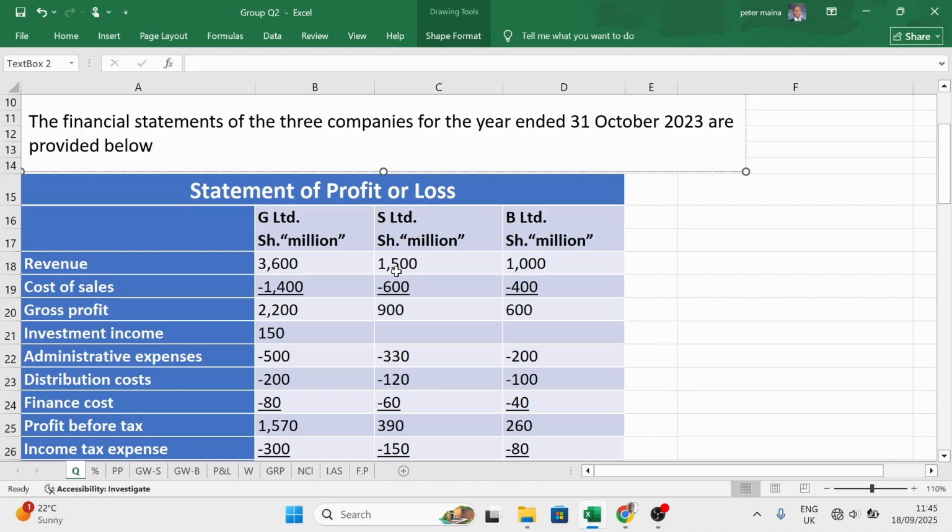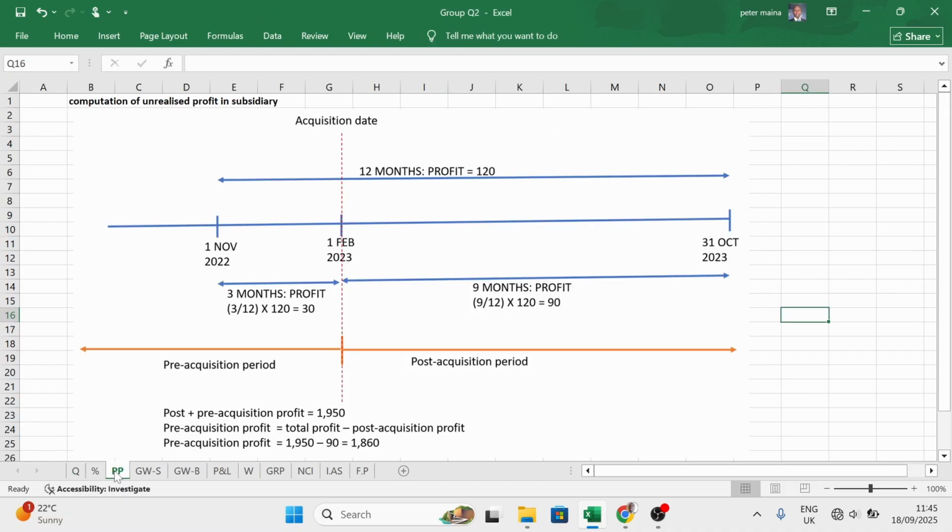We have seen that the post-acquisition period, since the acquisition date to the end of the current year, the time when you are preparing the statements, those are 9 months. So the parent is not entitled to show this profit in the current income statement because this one was made before the acquisition.